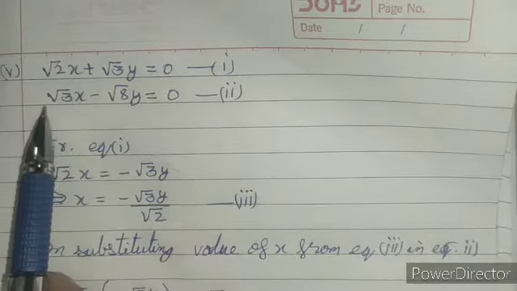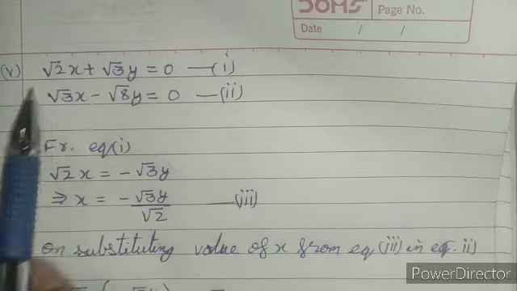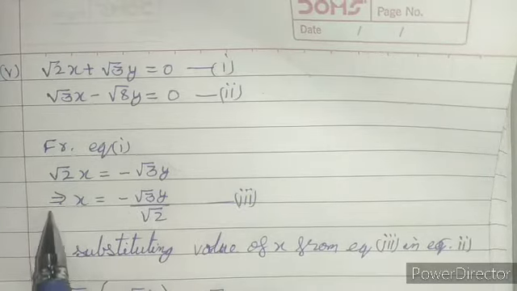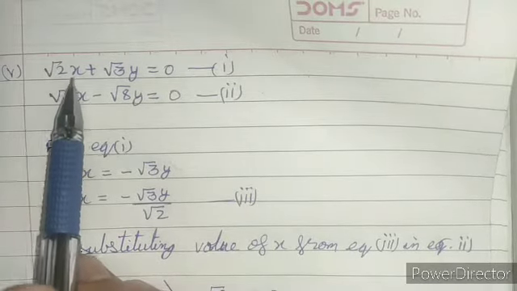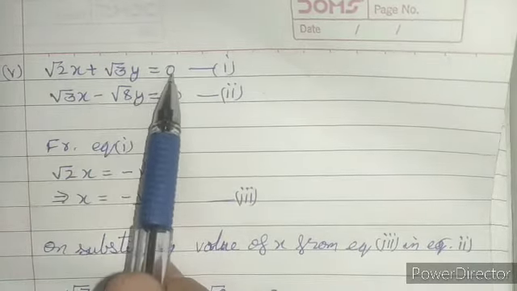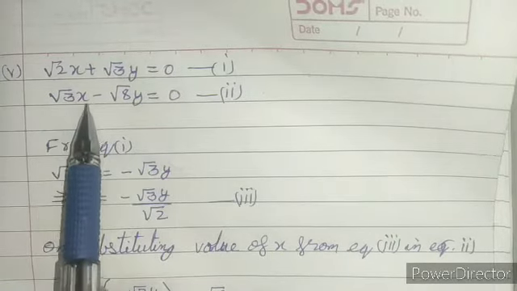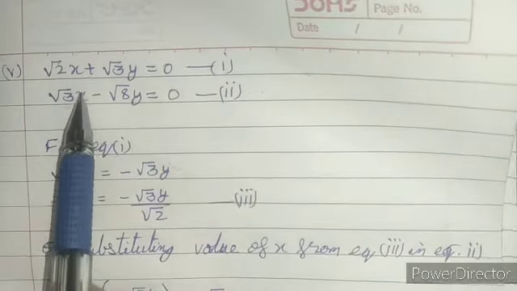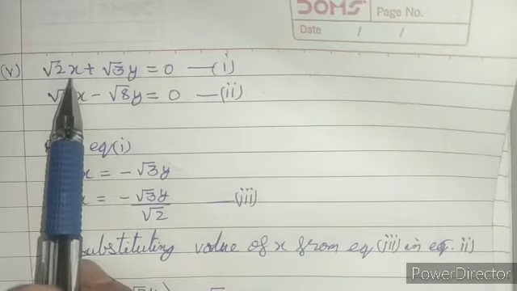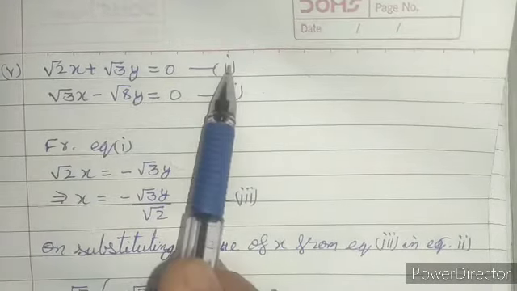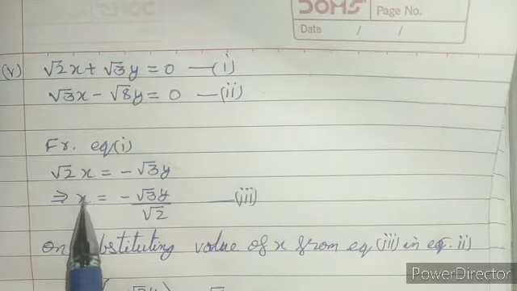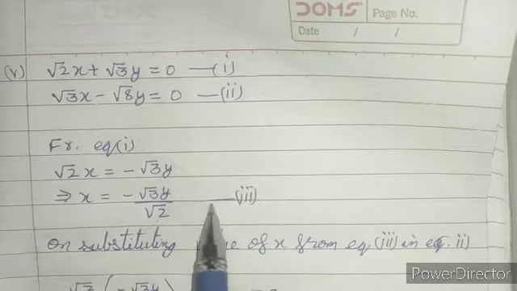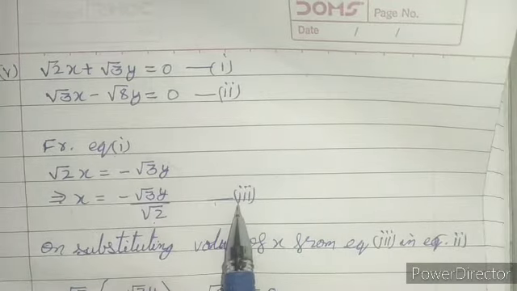In fifth part, a linear equation in two variables x and y is given to us. First equation is root 2x plus root 3y equal to 0, and second equation is root 3x minus root 8y equal to 0. Now we will get the value of variable x from equation first, and that is minus root 3y upon root 2, and this I have taken as equation third.